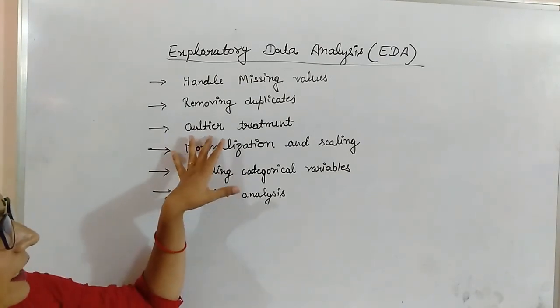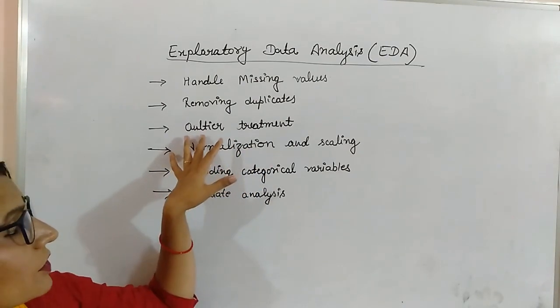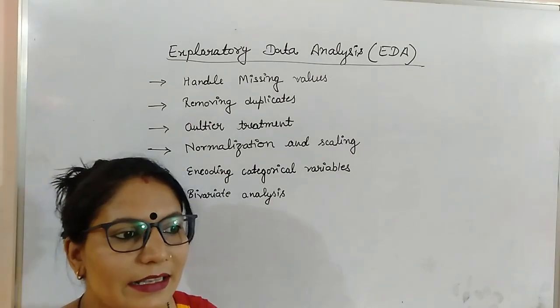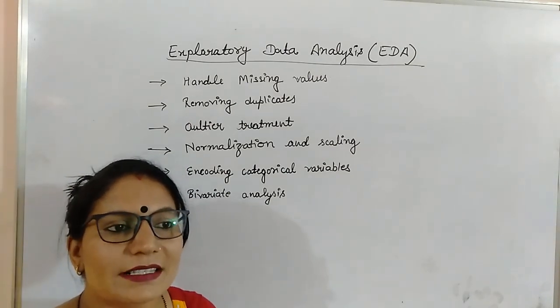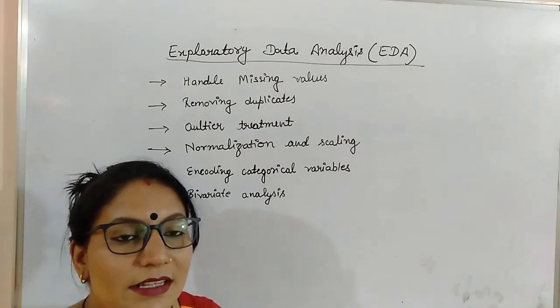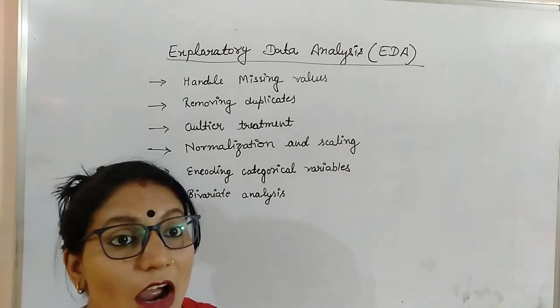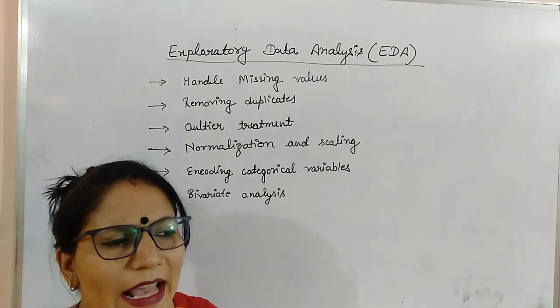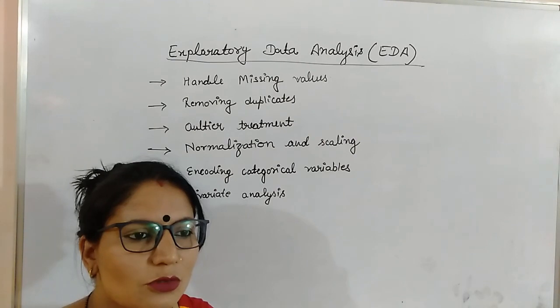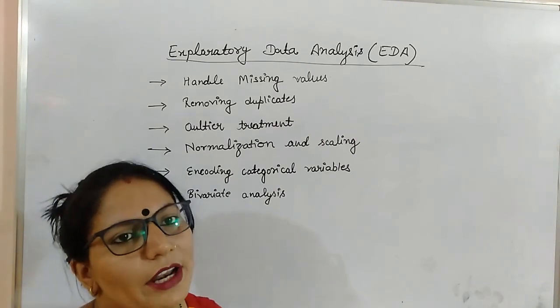Further, there is one of the most important topics, which is outlier treatment. Outlier treatment is also one of the best techniques that we apply for EDA, and we need to first understand what an outlier actually is. An outlier is any data point that is quite different from the rest of your data.